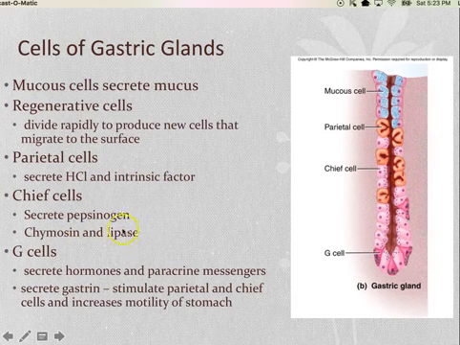And gastric lipase, it really does not do much in adults. It works best at a pH of around 5 or 6. And again, in the adult stomach, the pH is usually around 2. So the gastric lipase does not work very well in adults.